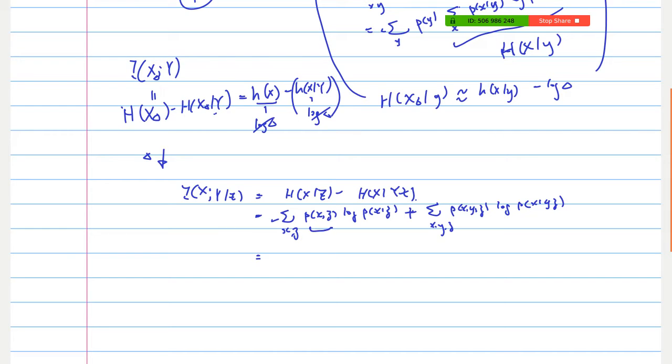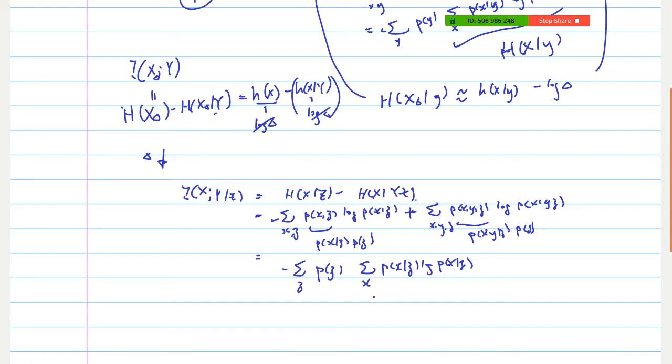I can write p(x,z) as p(x given z) multiplied by p(z), and p(x,y,z) as p(x,y given z) p(z). So I pull out the sum over z of p(z), then the sum over x of p(x given z) log p(x given z).